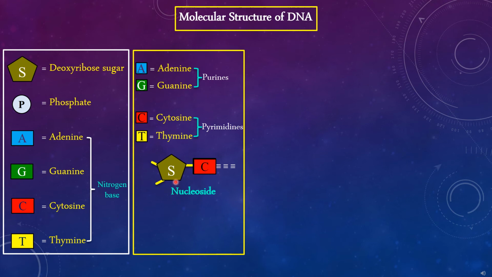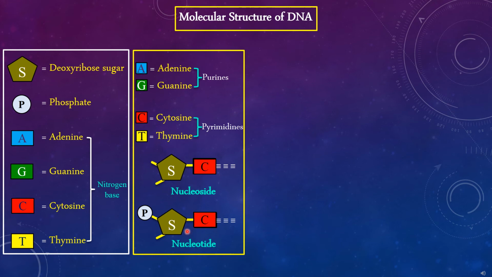A deoxyribose sugar, an inorganic phosphate and a nitrogen base are collectively called a nucleotide. If one inorganic phosphate gets attached to a nucleoside, it will form a nucleotide.